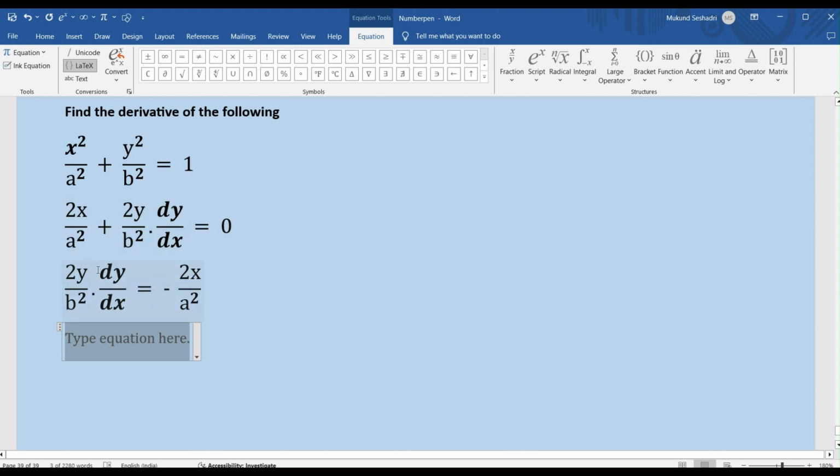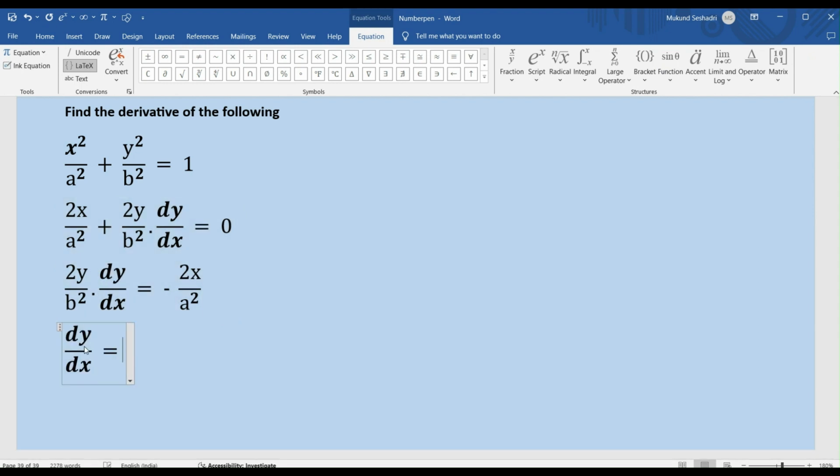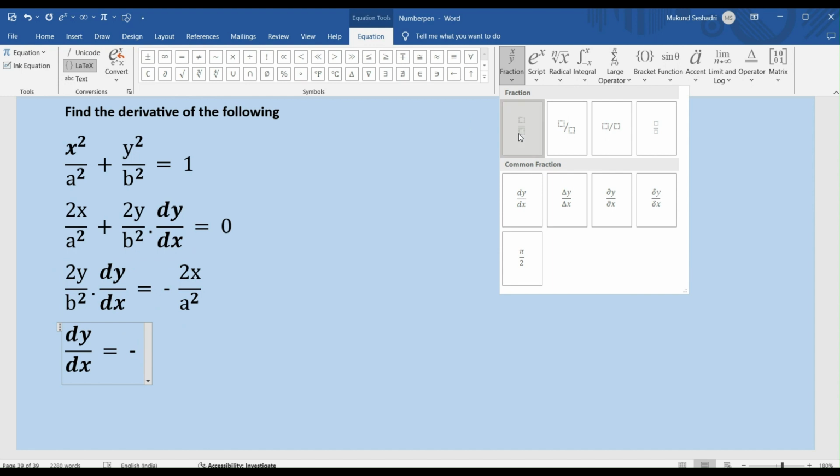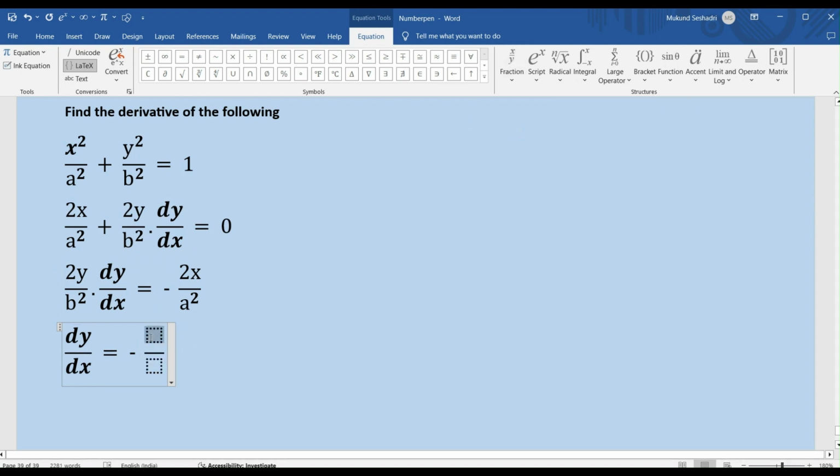And then my dy by dx becomes equal to, let me write it like this, minus of 2x by a square divided by 2y by b square, right?